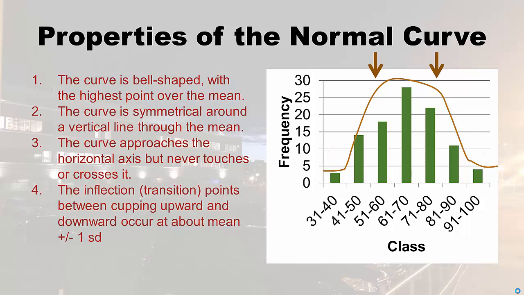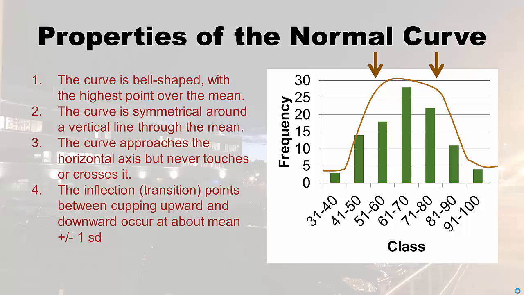Then also there are these inflection or transition points between cupping upward and downward. These transition points occur at about the mean plus one standard deviation and about the mean minus one standard deviation. This is a little hard to explain, but imagine you're on a roller coaster going up this normal curve. There's this part where you're just mainly going up.